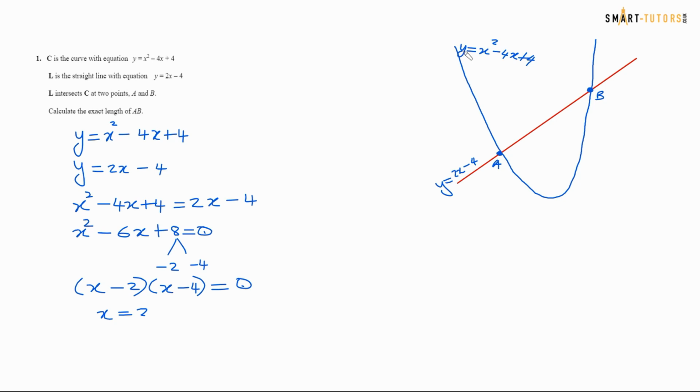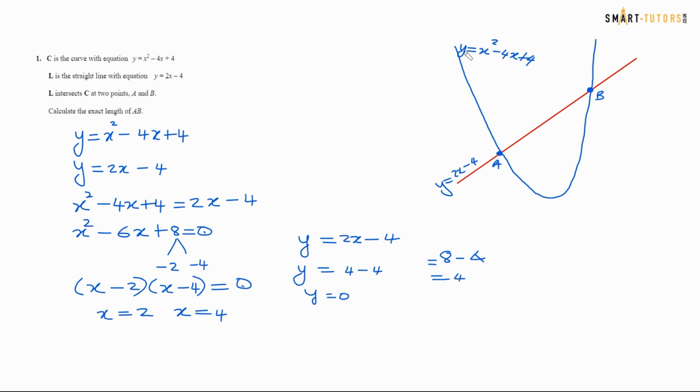So there are two possible answers because there are two coordinates. Now we need to find out the y coordinate. y equals 2x minus 4. If I substitute x equals 2, y equals 4 minus 4, so y equals 0. And if I substitute x equals 4, 4 times 2 is 8, minus 4 is 4.